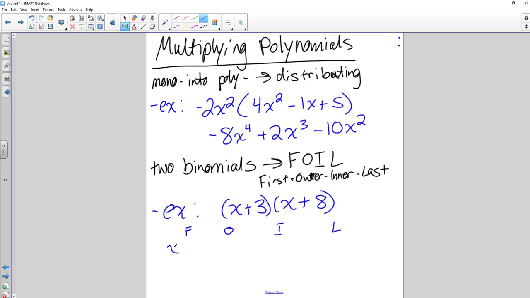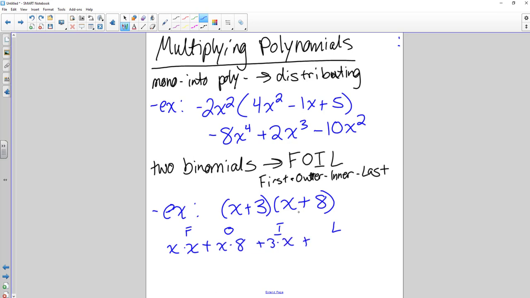So the first terms are x times x. And then the next terms, I'm going to put a plus between. The outer is x times the 8. So the x and the 8 are the outer. And then the inner is 3 times x.